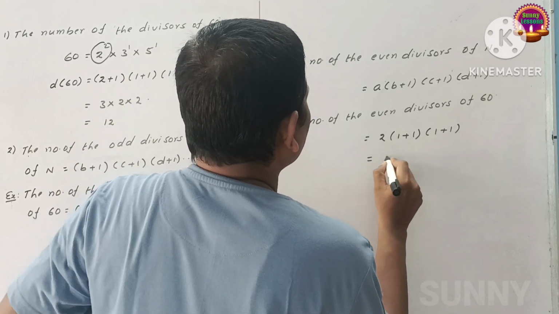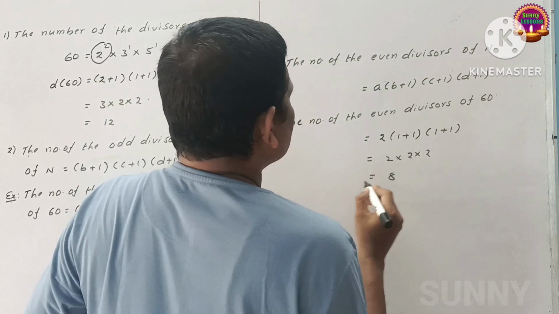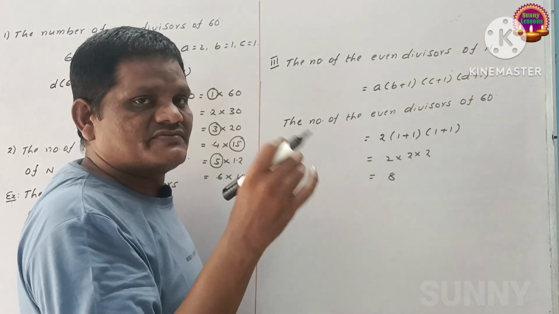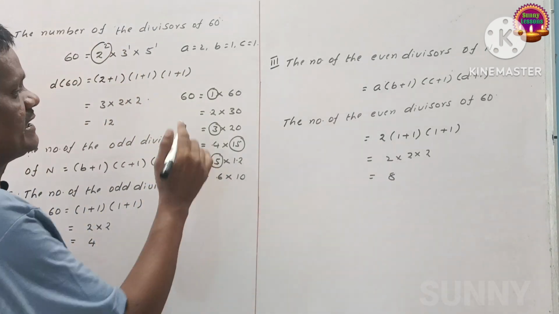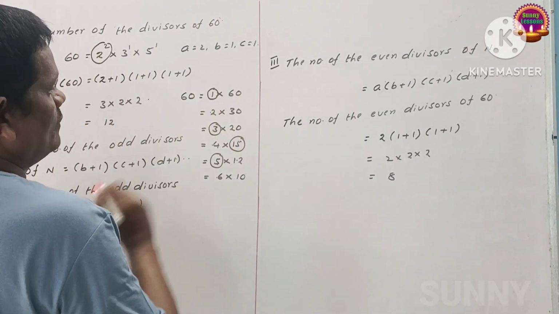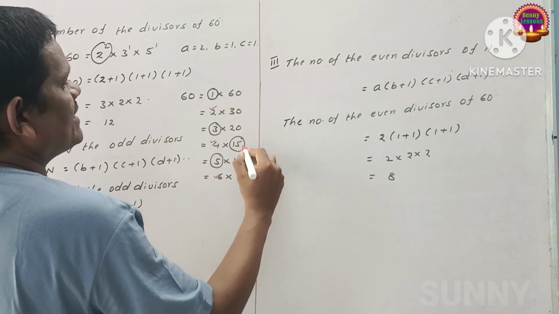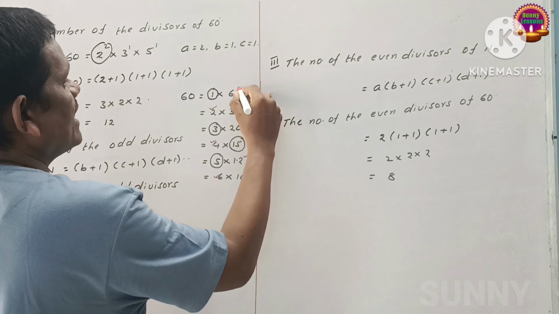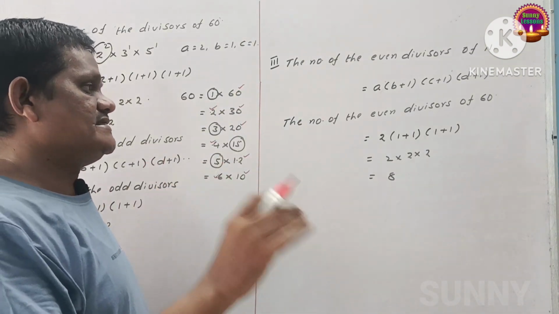So 2 into 2 into 2 is equal to 8. So the number of the even divisors of 60 is 8. Once check the even divisors of 60: 2, 4, 6, 10, 12, 20, 30, 60. So 60 has 8 even divisors.